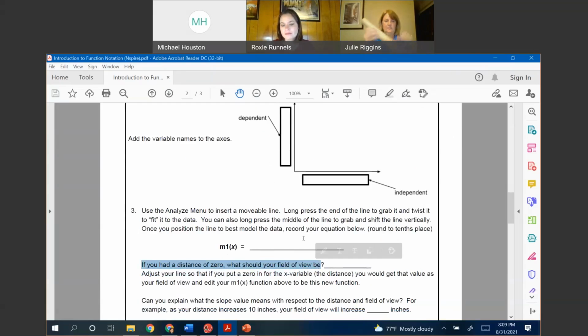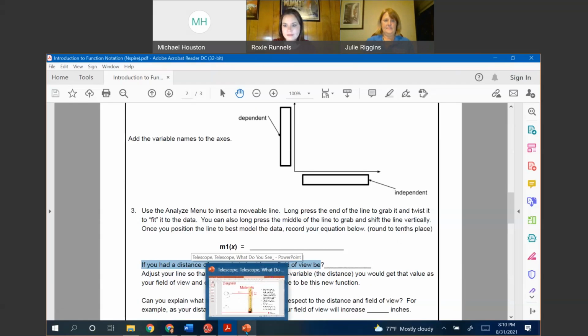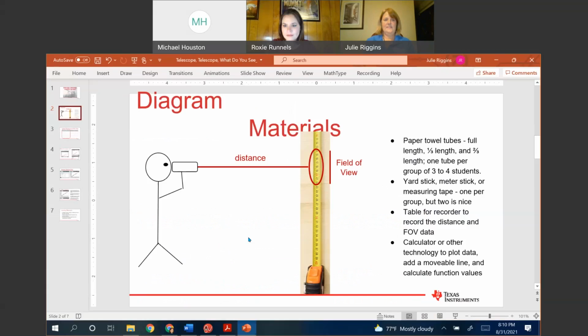If you're looking through your telescope and your distance is 0, what should your field of view be? If it helps, there's the diagram of what people are going to be doing. So if the distance is 0, what should your field of view be?